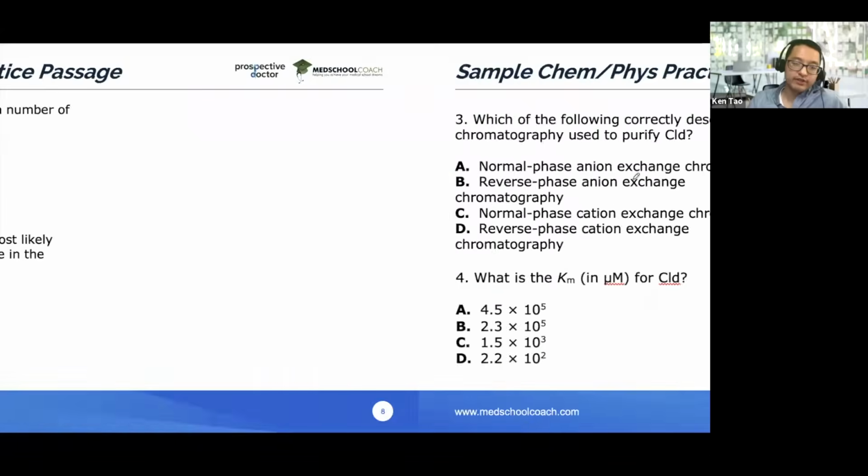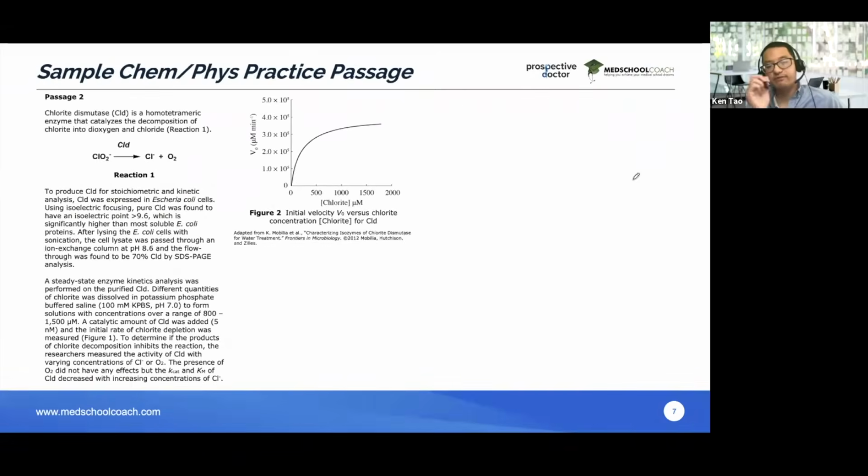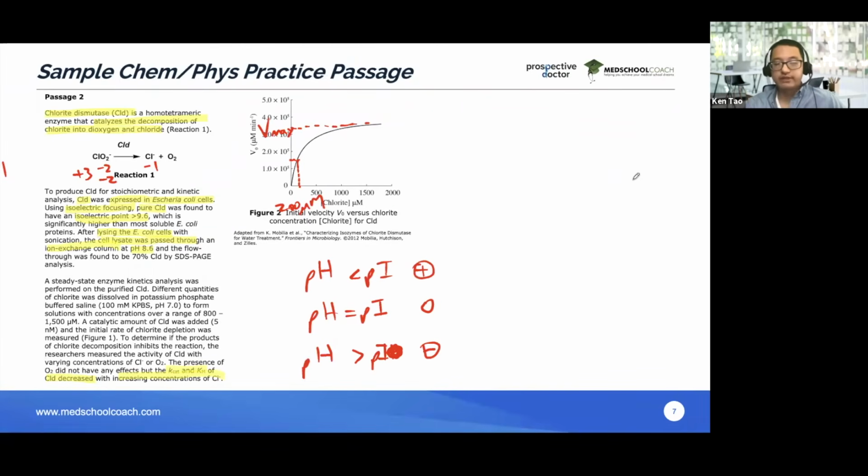So if we go to the passage, we need some information about either the type of inhibitor we're working with, or we need some information about the Km or the Vmax in the presence of chloride. Now, we did highlight this portion, which told us that the Km decreases, right? So that's pretty straightforward.